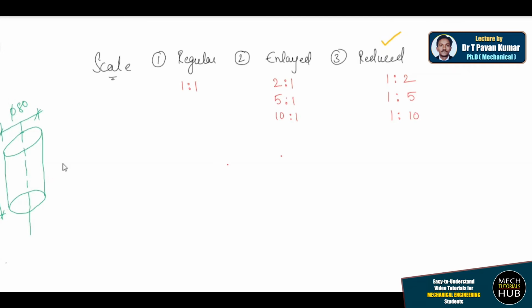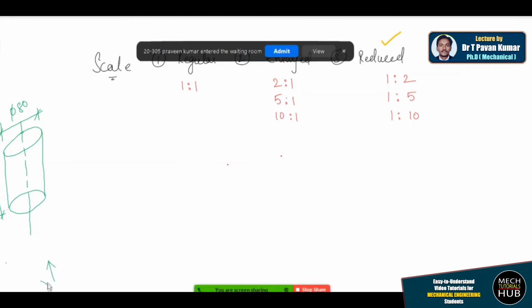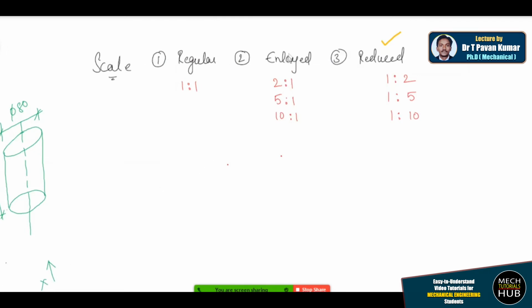Now if I ask you to draw the representations of this particular 3D model, we'll see the position of the observer. When I view from the front, I could see a rectangle of 80 by 200, and from the top I could see a circle of 80 diameter.